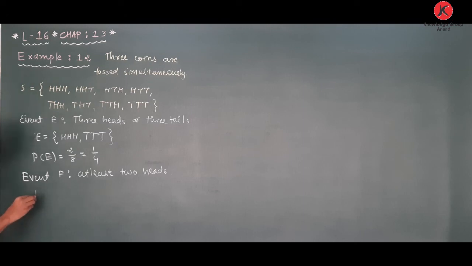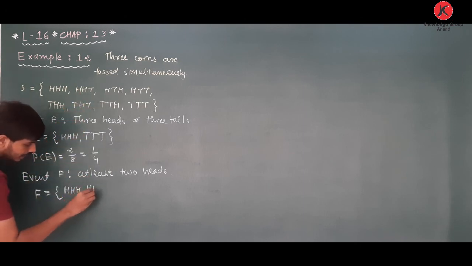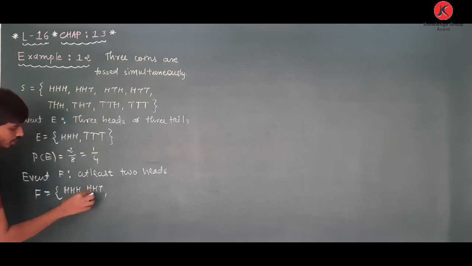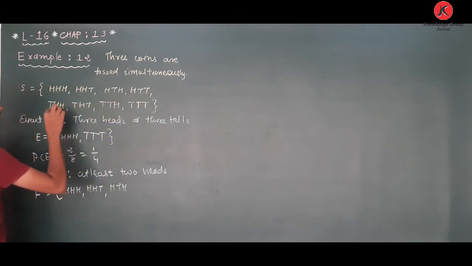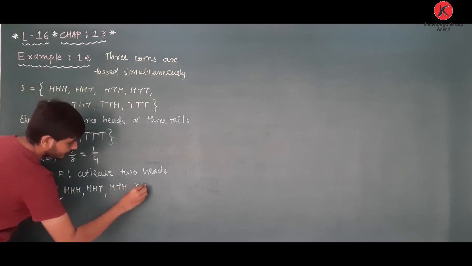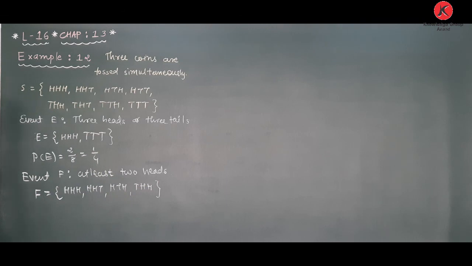Let's check: 2 heads or 3 heads means first H H H, next H H T, H T H, next T H H. And the probability of your event F, favorable outcomes divided by possible outcomes, is 1 by 2.